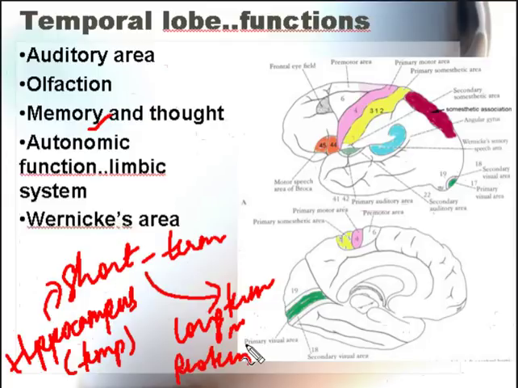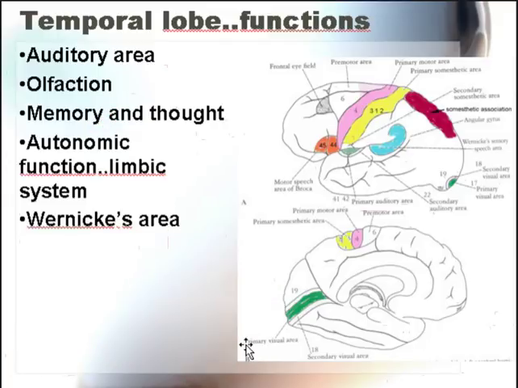Then the temporal lobe is also connected to the limbic system by means of the uncus, the hippocampus, and the parahippocampal gyrus.